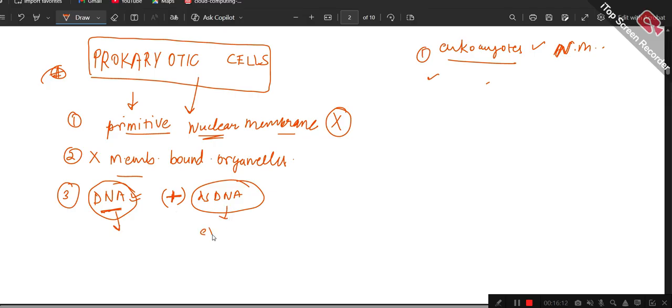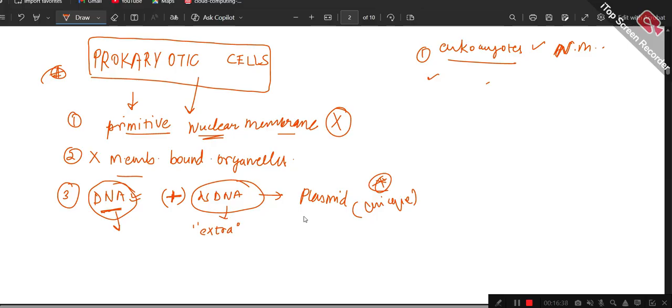This is an extra DNA, and this DNA is what we call a plasmid. So a plasmid is found, which is the unique feature of your prokaryotes. You can mark this up. This is important.